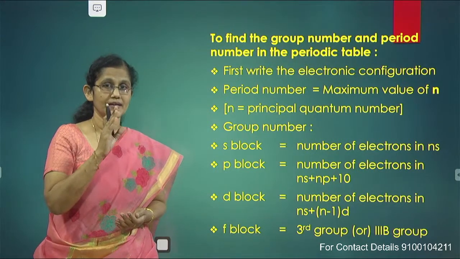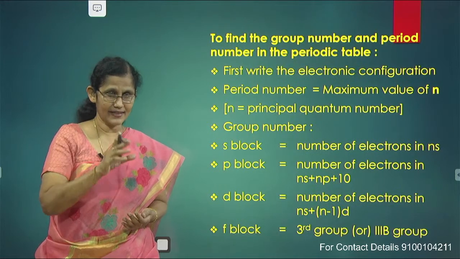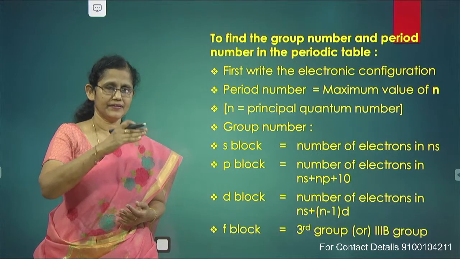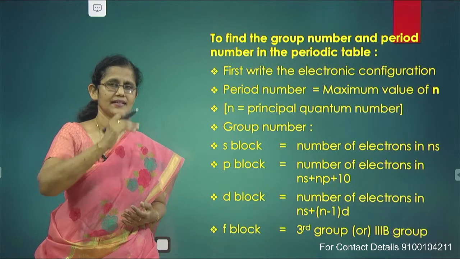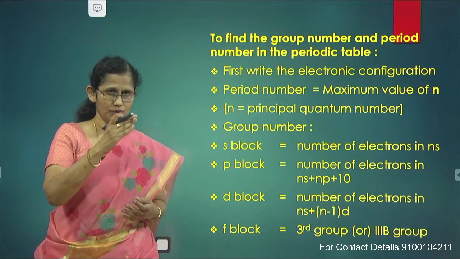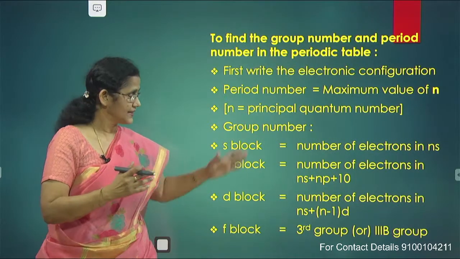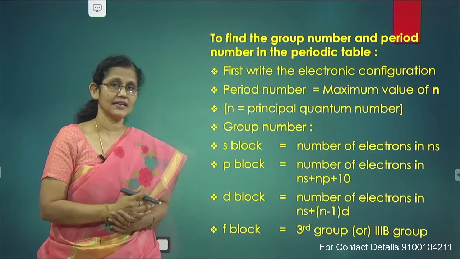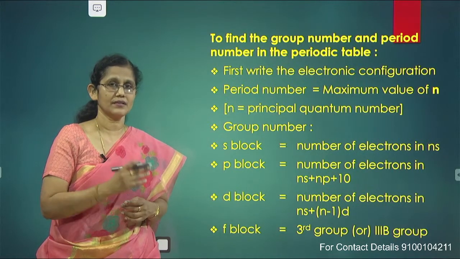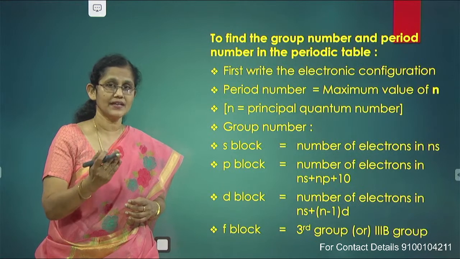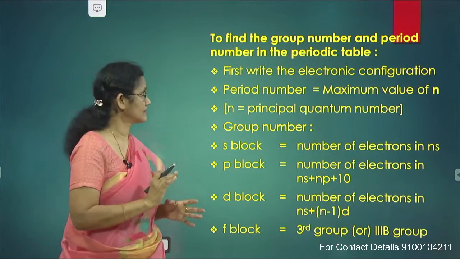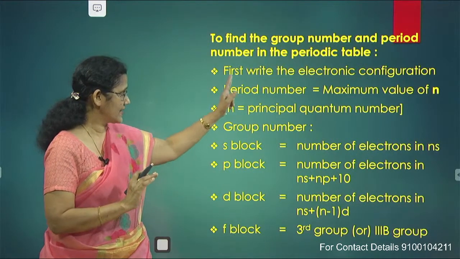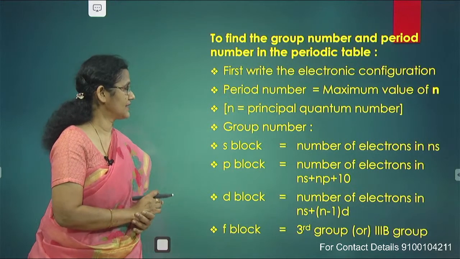It is known by the Aufbau principle: first the low energy level is filled, then the high energy level is filled. If you know how to write the electronic configuration, then we can tell where this element belongs, I mean which group and which period it can be placed in, right. So first write the electronic configuration of the element.